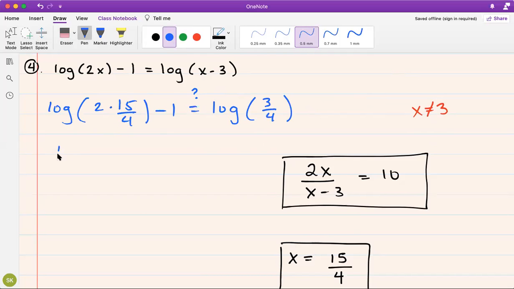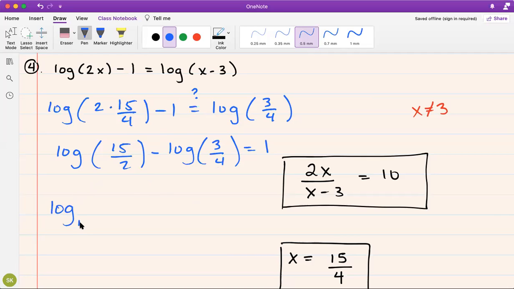So this is log of 15 over 2. I'm going to move this to the other side, so this is minus log 3/4 is equal to 1, sort of like what we did earlier. And this is log, let's put the base 10 here, of 15 over 2 divided by 3 over 4.